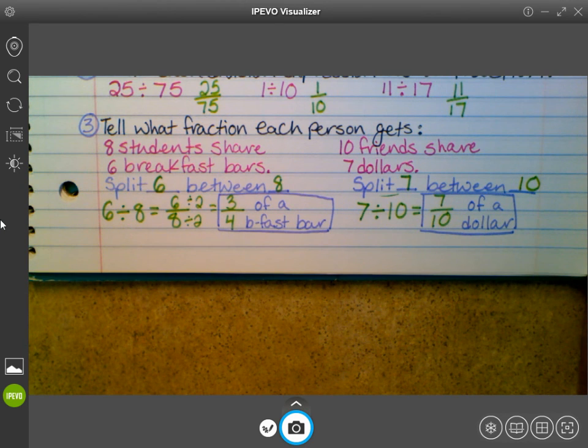So I'm going to say that again. We're on page 531. You are circling number 3, number 5, number 7, number 9, number 11, number 13, number 15, and number 19. Nice work today.